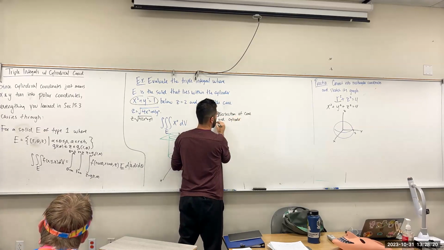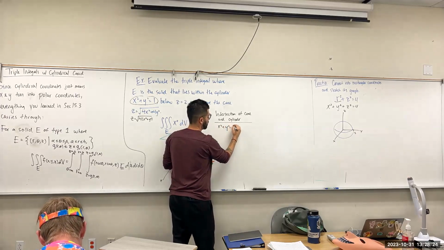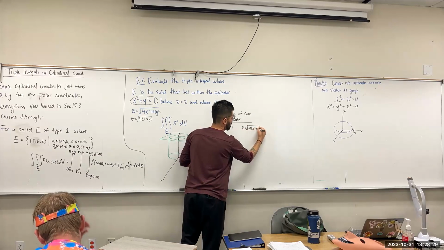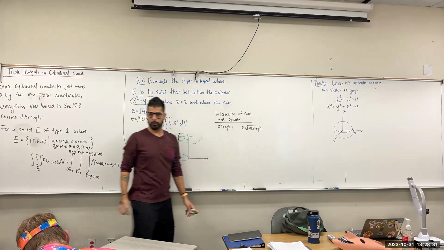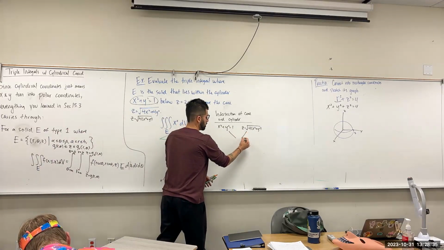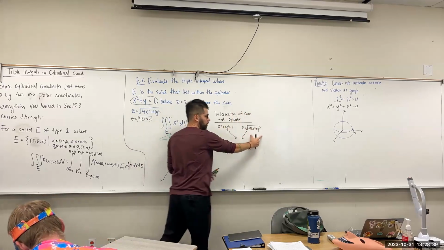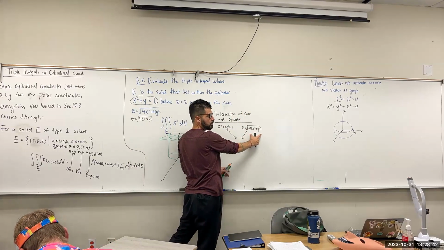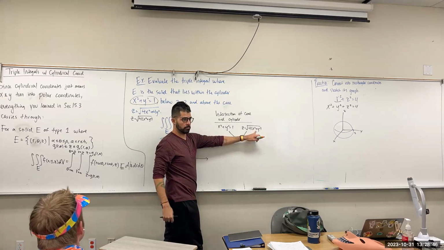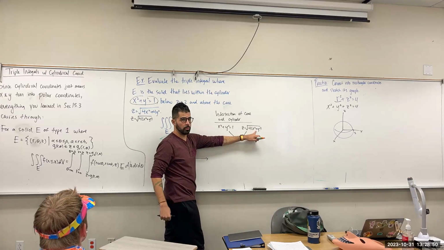Let me organize it a little bit. So here's the cylinder. We have x squared plus y squared is equal to 1. And then the cone, I'm rewriting it on purpose like this. So when they intersect, what must be true about x squared plus y squared on the cone? It's going to have to be equal to 1. Because on the cylinder, x squared plus y squared has to equal 1.